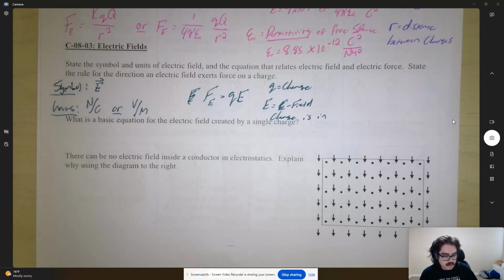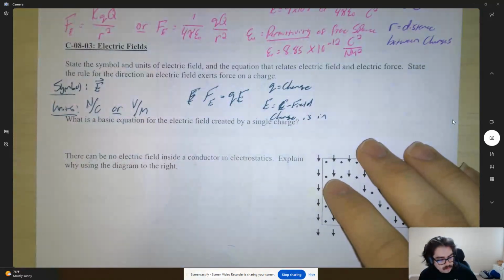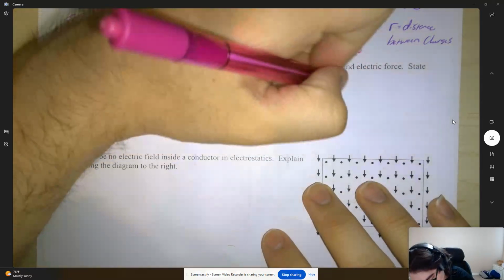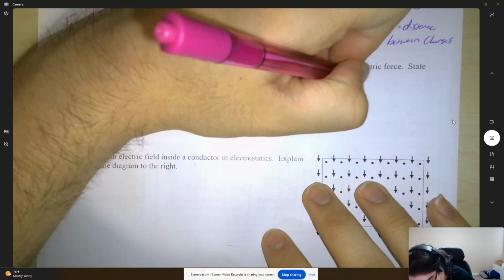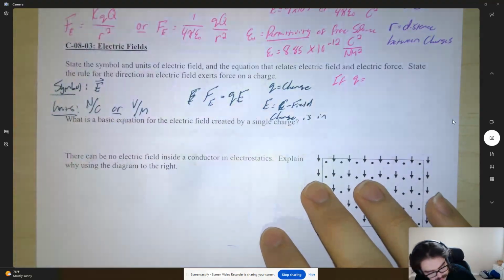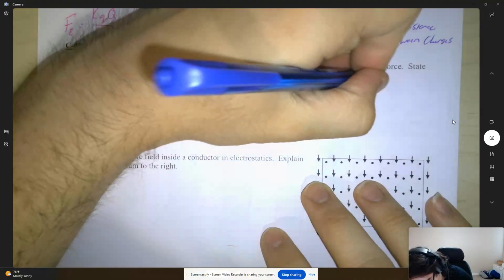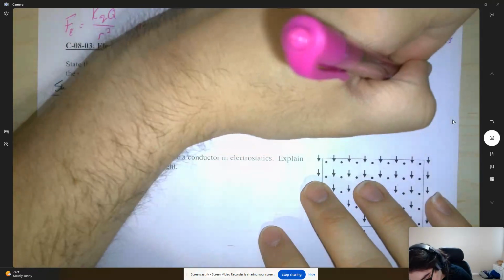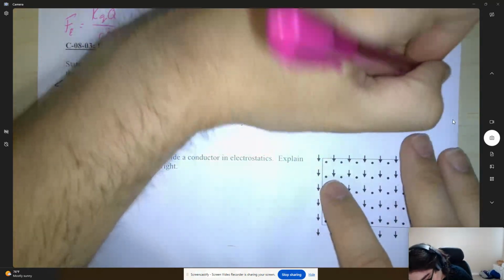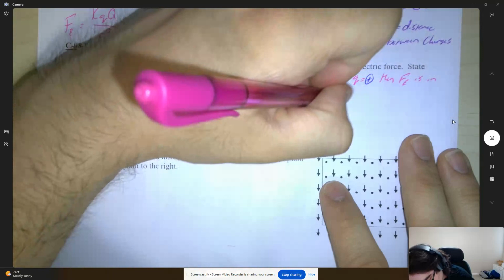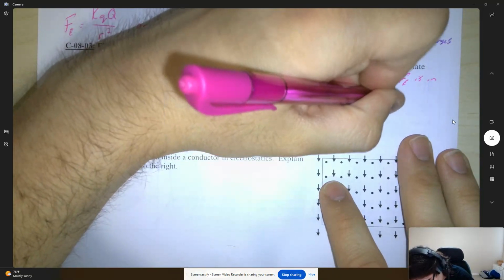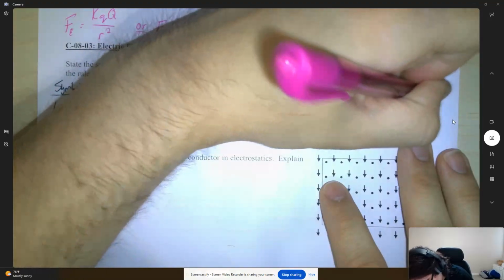It's important to note too that if Q is a positive charge, then F sub E is in the same direction as the E field.